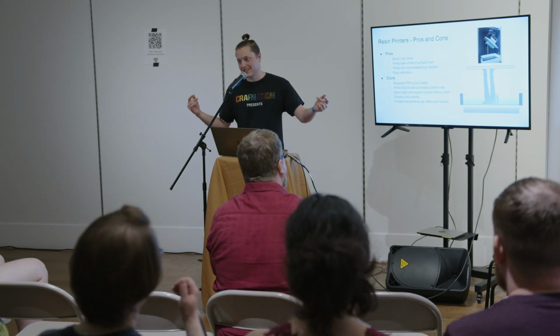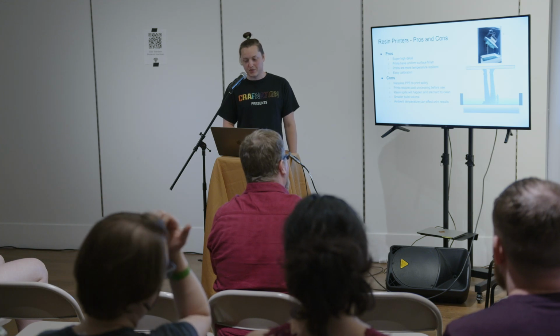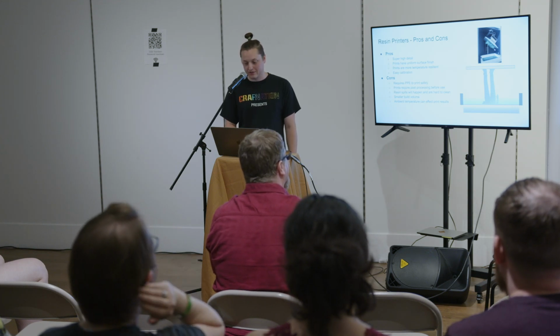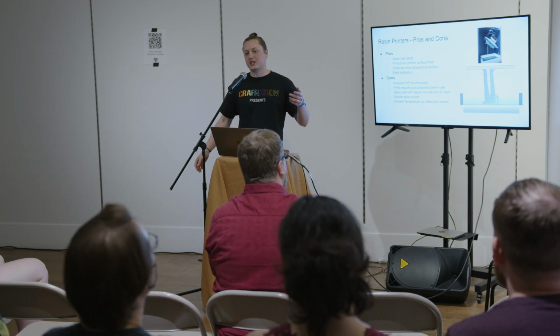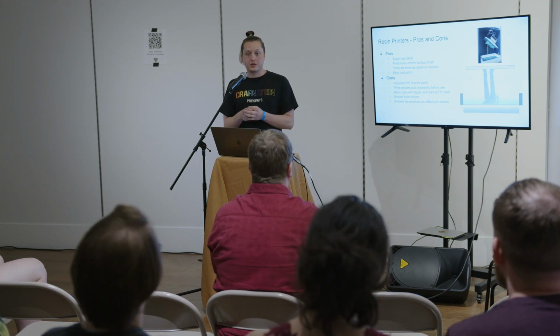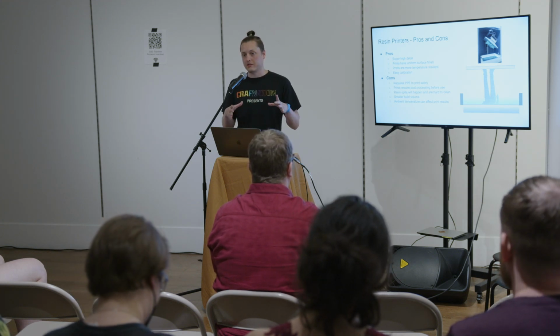So, pros and cons. This is a picture of my printer, and you can see how shiny everything is, and this is the resin vat and a fresh print. One of the advantages is you get extremely, extremely high detail. It's basically dependent on the pixel size of the screen that you have.